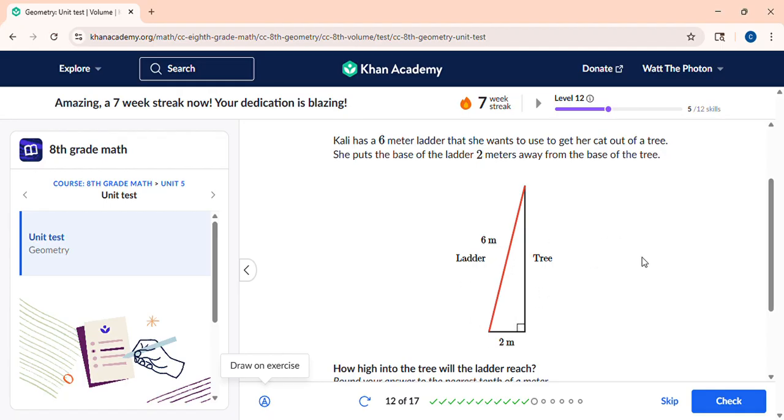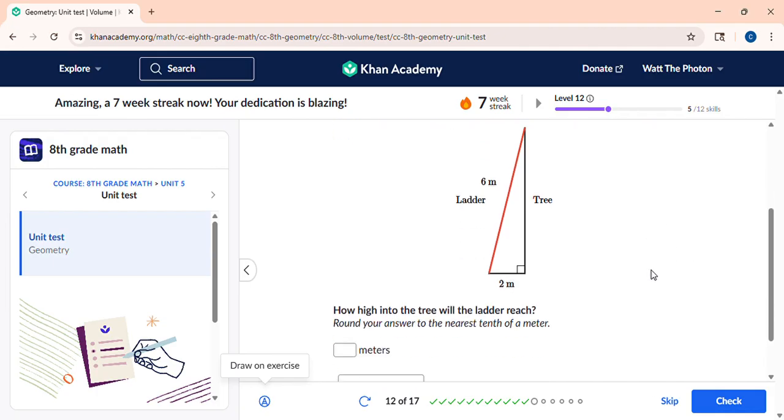Because this is 90. So we're going to have 36 minus 4 is equal to 32, square root of 32. Right? Square root of 32 is 5.7, 5.66. There's 1/10 of a meter.